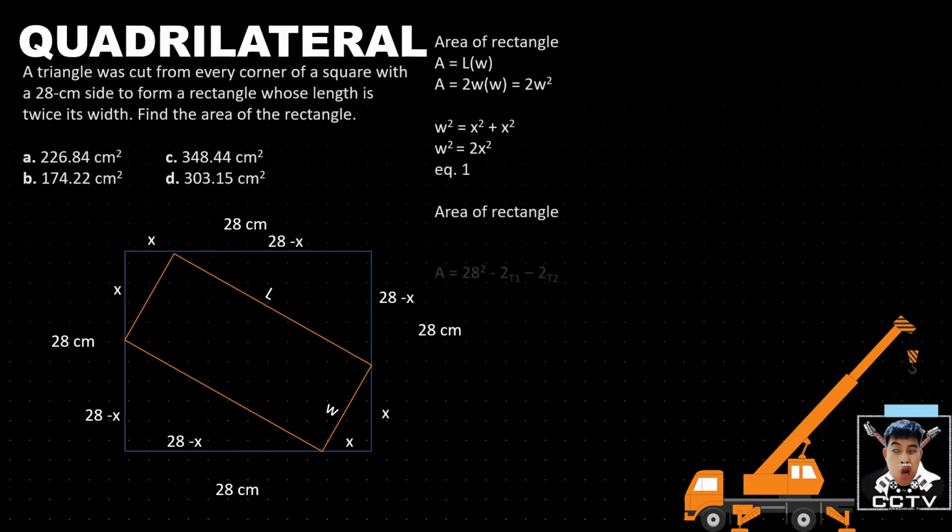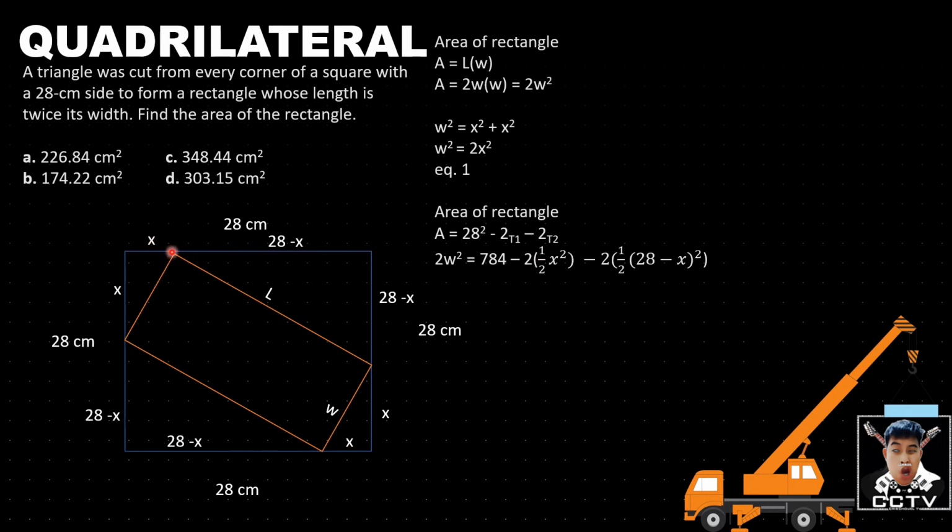At ang area naman ng rectangle natin is 28 squared, which is the area of the square, minus the area of the four triangles. Ito nga yung area ng rectangle, 2w squared is equals to the area of the square, 784, minus 2 times 1/2 x squared. Ito yung triangle natin. Dalawa sila.